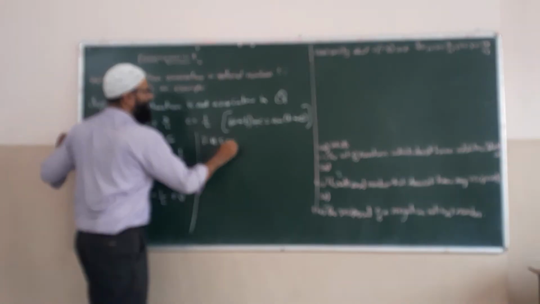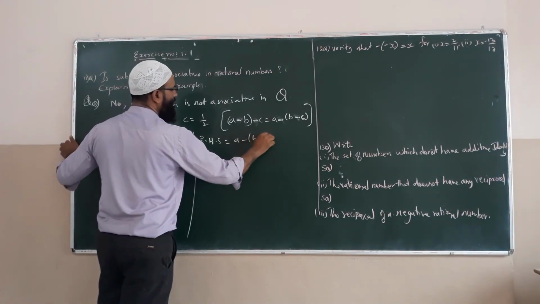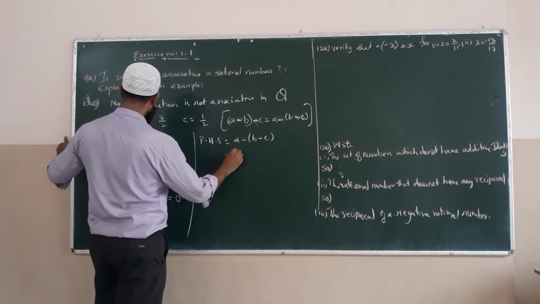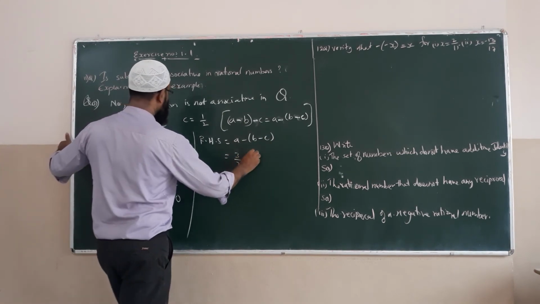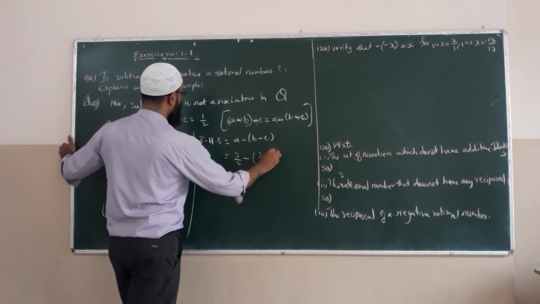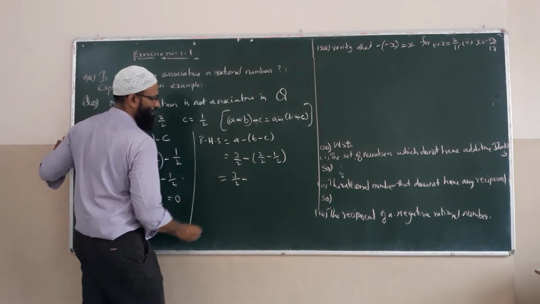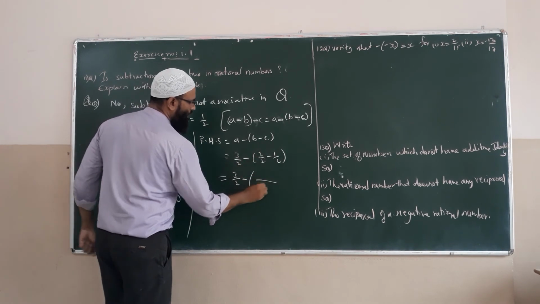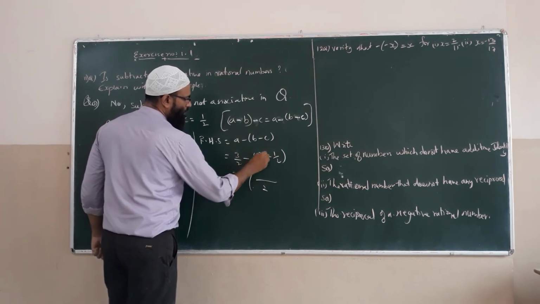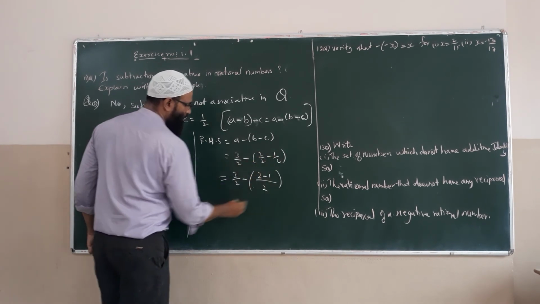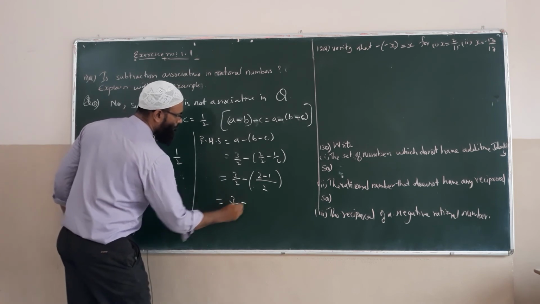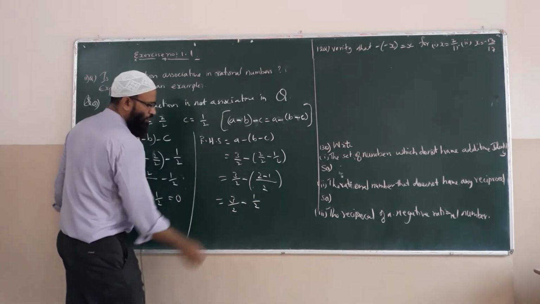Now RHS. What is RHS here? a minus b minus c. What is a here? 3 by 2 minus 2 by 2 minus 1 by 2. Now here, 2 minus 1 is 1 by 2. Now subtract this.